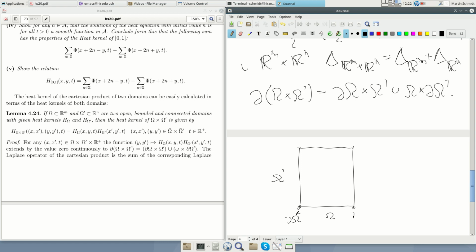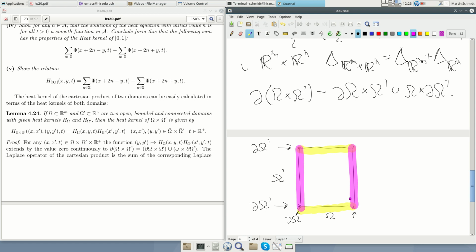This contains these two points here, and here these are the points of the boundary of omega prime. So for the boundary we have two things. We have this and this, and we have this and this part.